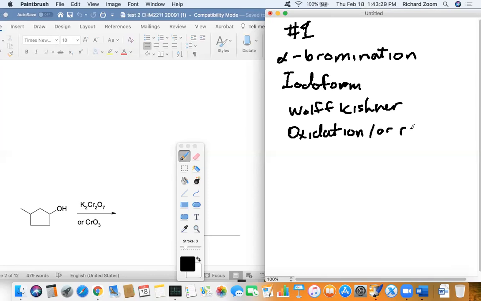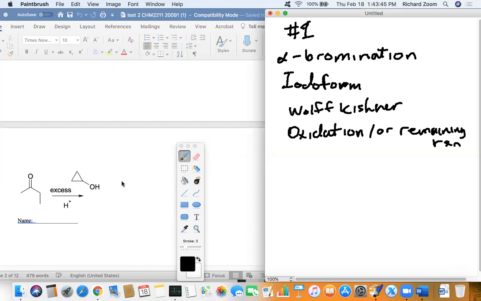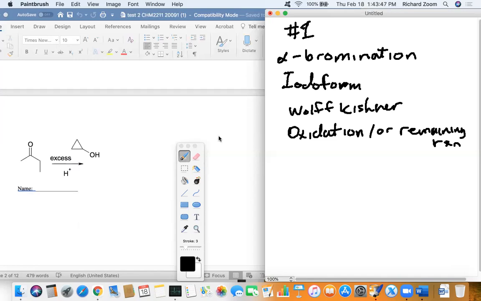Acetal or hemiacetal. Or ketal or hemiketal.